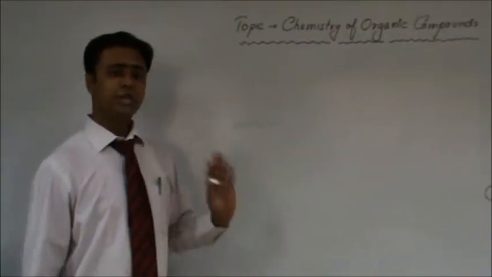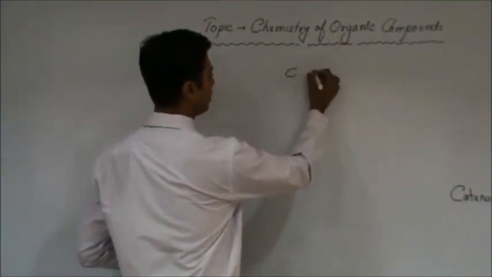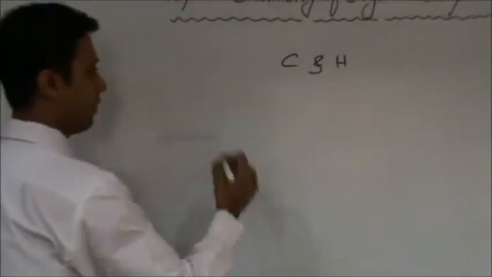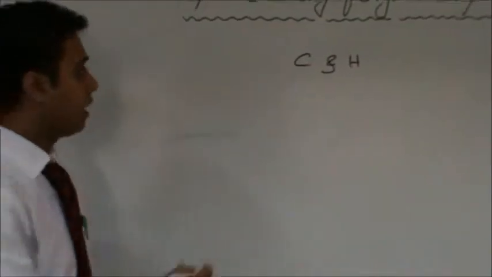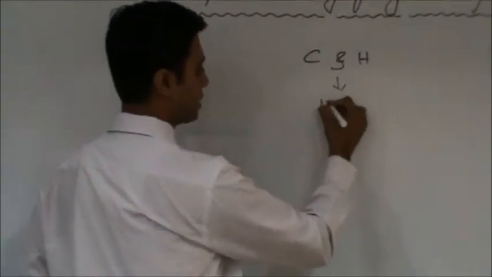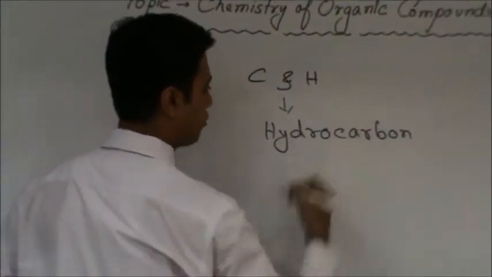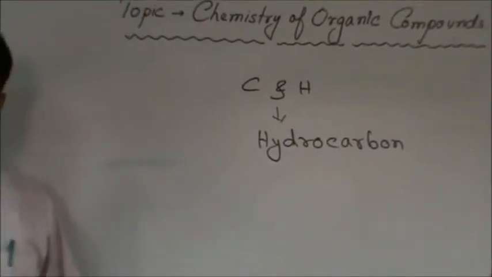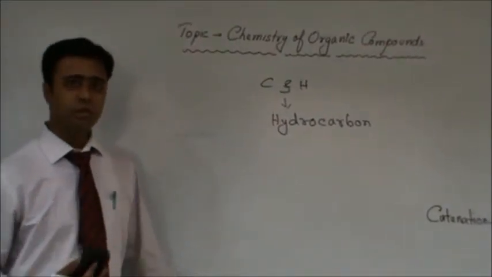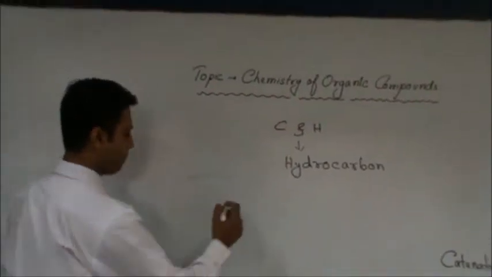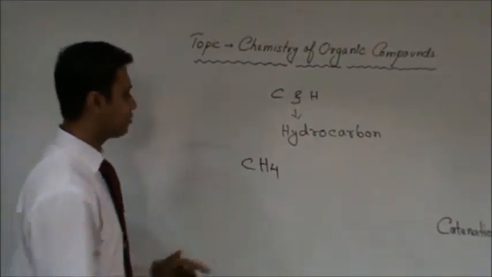In this lesson, we'll strictly focus on compounds formed between carbon and hydrogen. And the compounds that are formed by carbon and hydrogen only are known as hydrocarbons. Any organic compound can be considered to be a hydrocarbon or a compound derived from hydrocarbon. For example, CH4, that is methane, is a hydrocarbon.